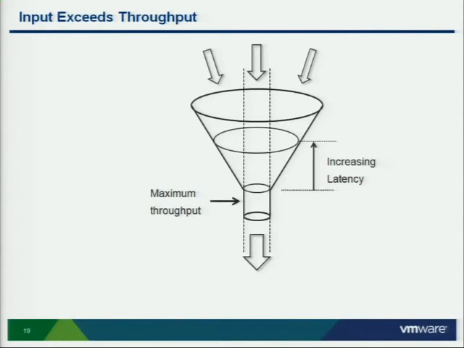But what's happening is once you've exceeded that max throughput, you begin to back up into the funnel. And the higher that funnel gets filled, the longer whatever fluid is at the top is going to take before it gets down into the container. The same basic concepts are true with storage, in that once you've exceeded that max throughput, you start queuing things up, and latency starts to go up because it can't keep up with the inflow.